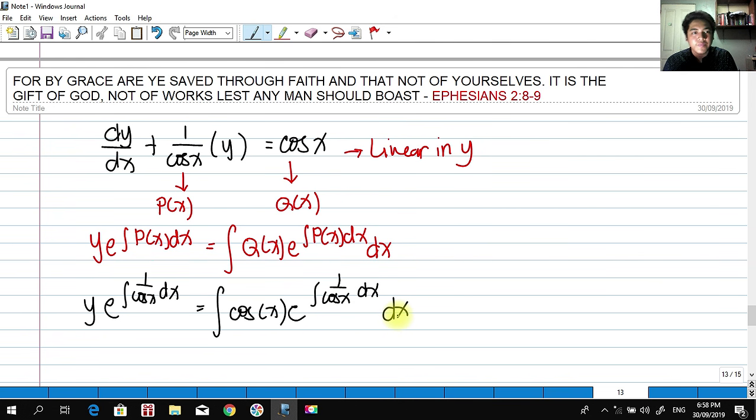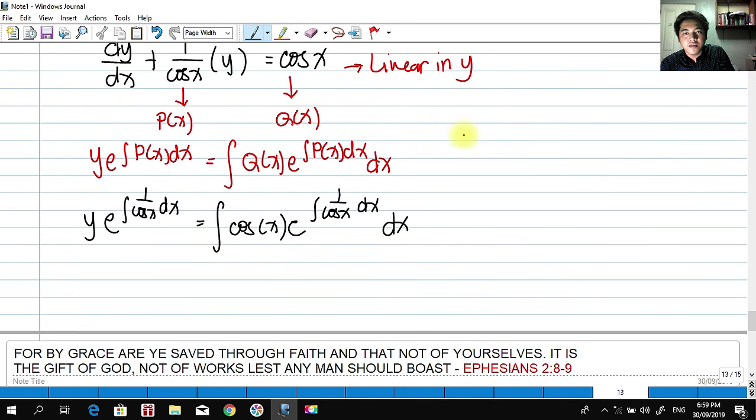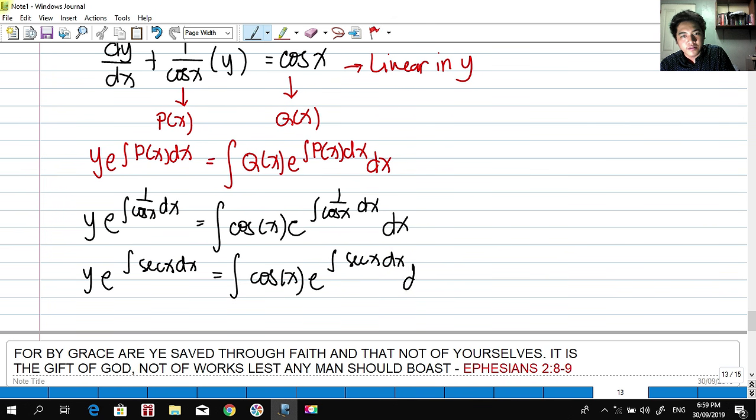And 1 over cosine of x is equal to secant. So y e raised to the integral of secant of x dx = the integral of cosine of x e raised to the integral of secant of x dx.